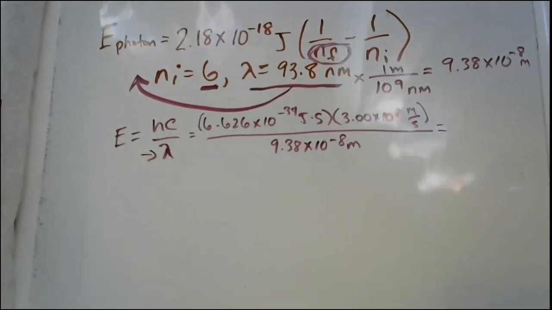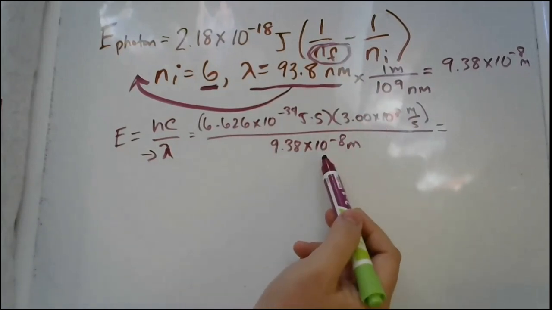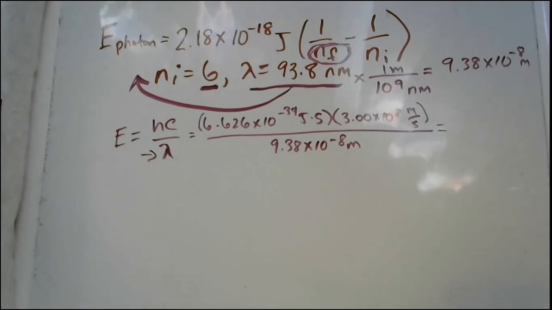Okay, so I've got my Planck's constant, I've got my speed of light, I've got my wavelength in meters, and now I'm going to calculate the energy that's associated with this.